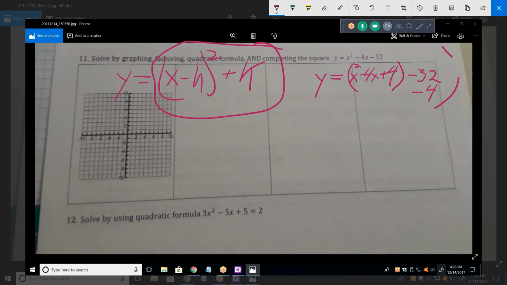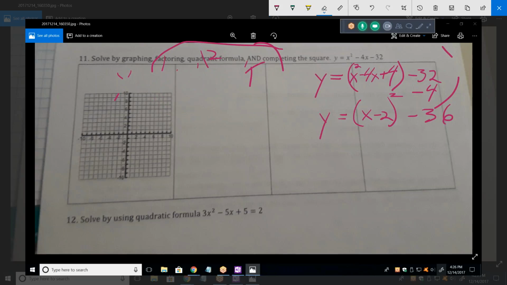Now rewrite that in Vertex Format. You're now ready to write that in Vertex Format. So it's y equals x minus 2 squared minus 36. And now tell me how to graph that. So the vertex is at, excuse me.